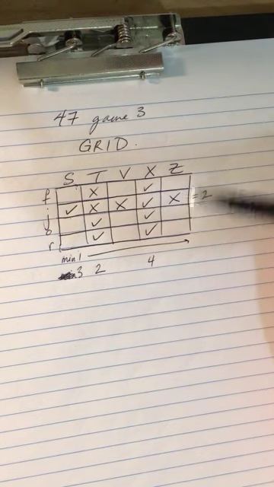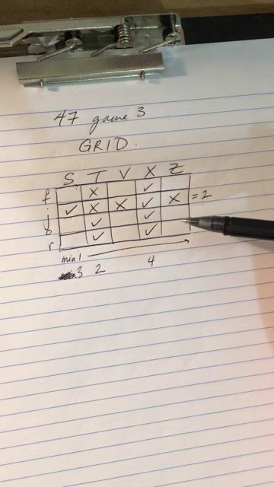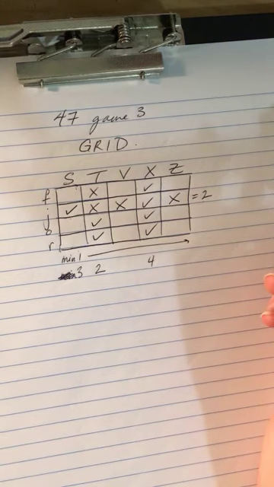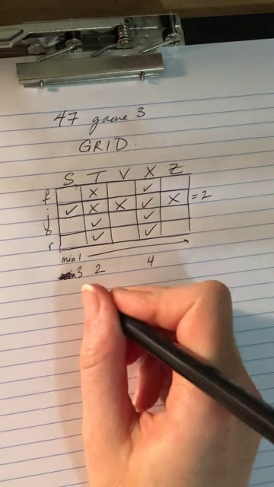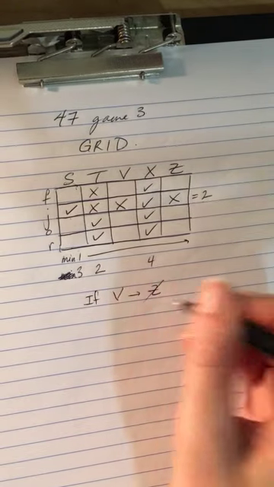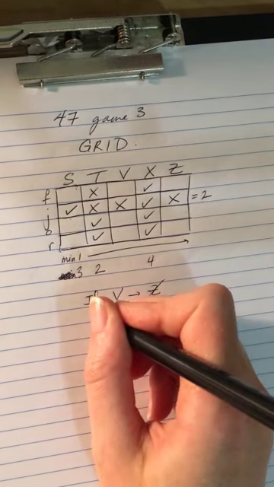So at this point they each have 3 options, but since each of them has to have at least 1, we now know that the maximum for either one of them would be 2, and they can't both have 2 at the same time. If V carries something, Z cannot carry it, and if Z carries something, then V cannot carry it.